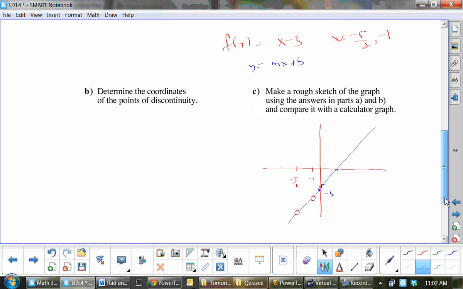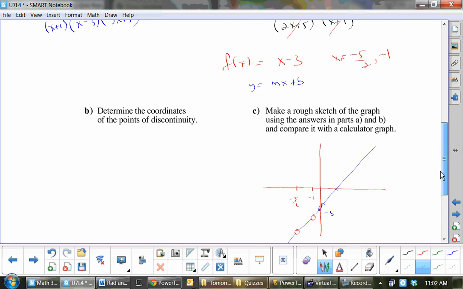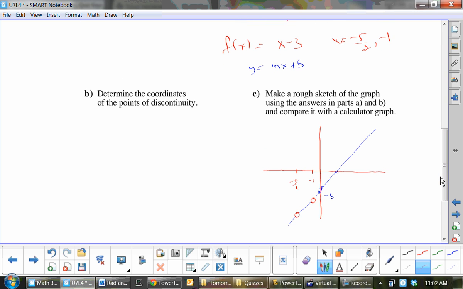Now what I'd like to do is find the coordinates of those holes. Now, how do you find coordinates? You've got f of x equals x minus 3. And all you do is you take your non-permissibles and put them in there. So you've got negative 5 over 2 minus 3, which is the same thing as negative 5 over 2 minus 6 over 2, which equals negative 11 over 2.